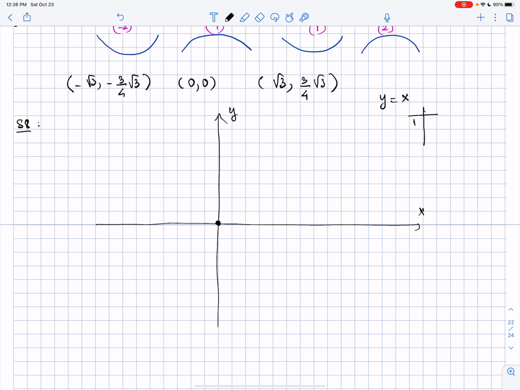When you input 1 on the x, you get 1 on the y. When you input 2 on the x, you get 2 on the y. When you input 0 on the x, you get 0 on the y, and so on. So x and y are always equal. So we get this line, right? This line is the slant asymptote, y equals x.